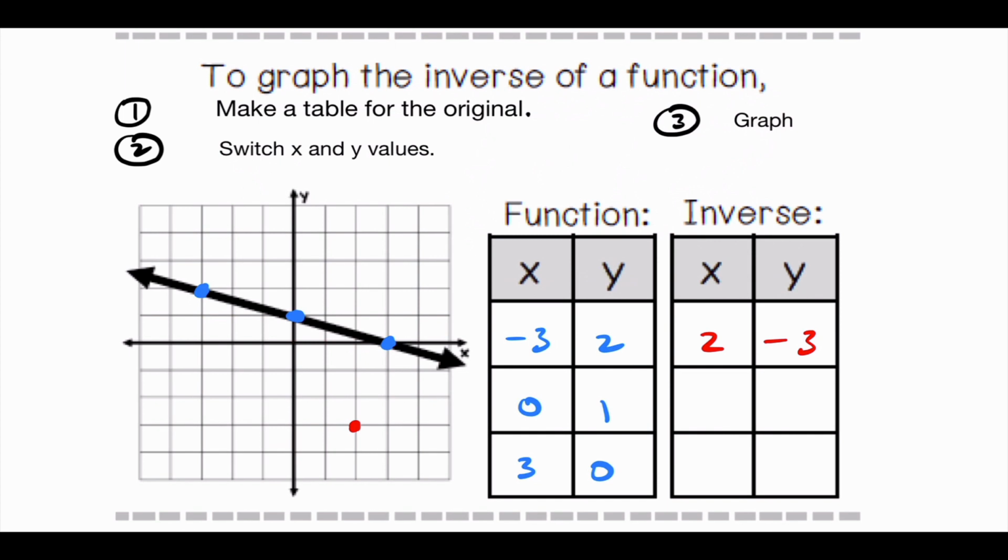Next one, 0, 1 becomes 1, 0. 3, 0 becomes 0, 3. And it makes a line, a brand new line. Okay, that's the inverse. The red and the black are inverses of each other. They're opposites.